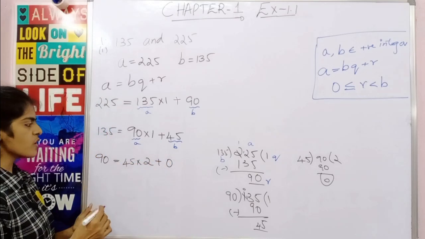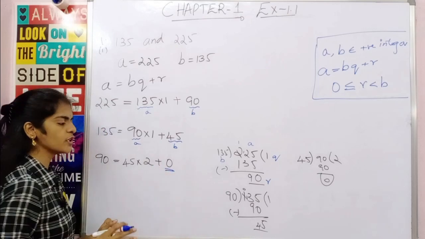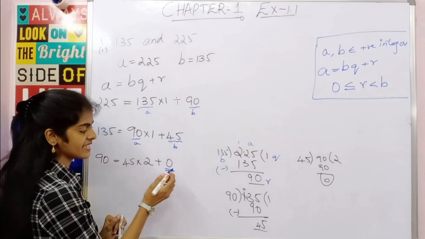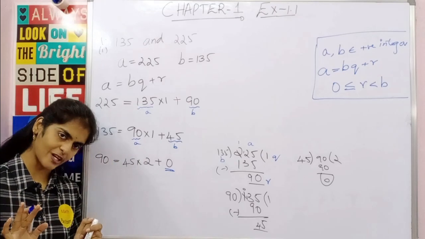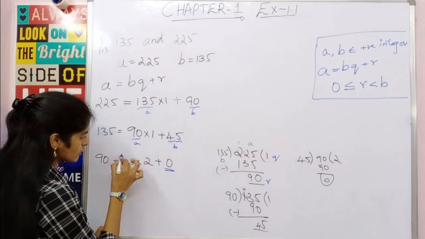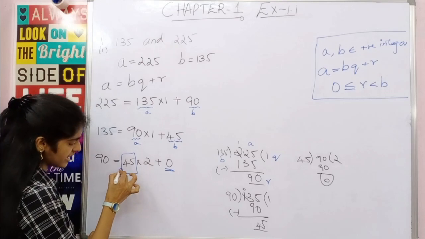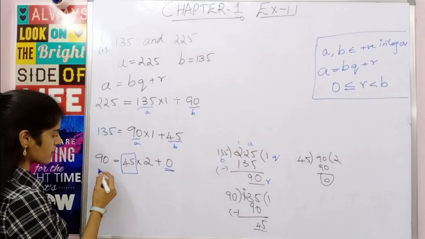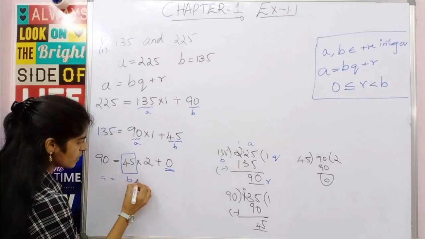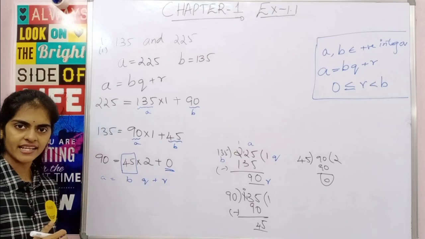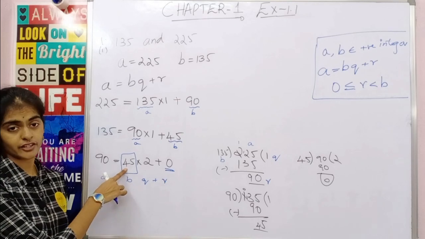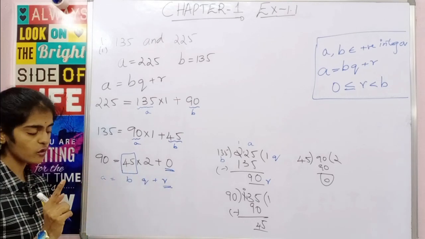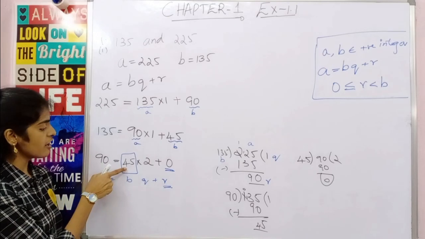When you get the remainder as 0, you will stop the process here. Whatever value you have got in the place of B, that will be your HCF. Comparing with A equals BQ plus R, when R is 0, the B value is 45.